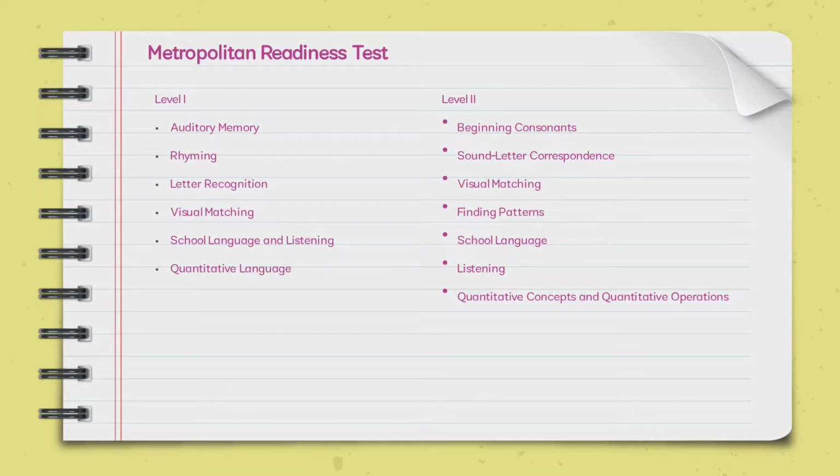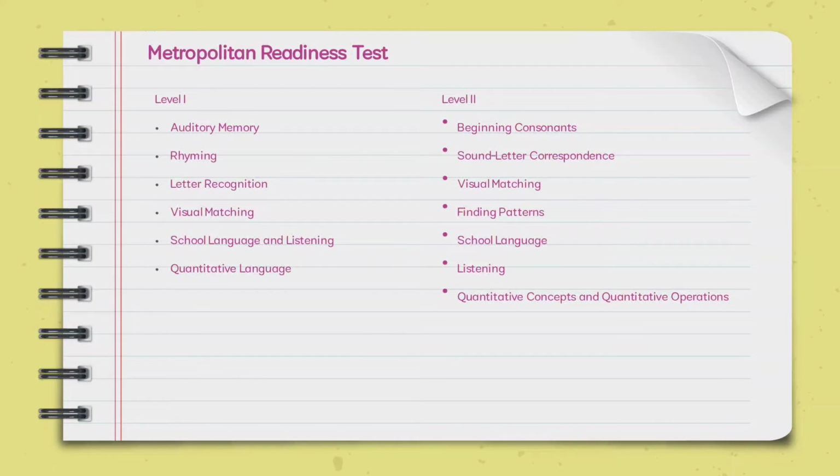Next is rhyming. The examiner supplies the name of each of the pictures presented and then gives a fifth word that rhymes with one of them. The child must select the picture that rhymes with the examiner's word. Next is letter recognition.